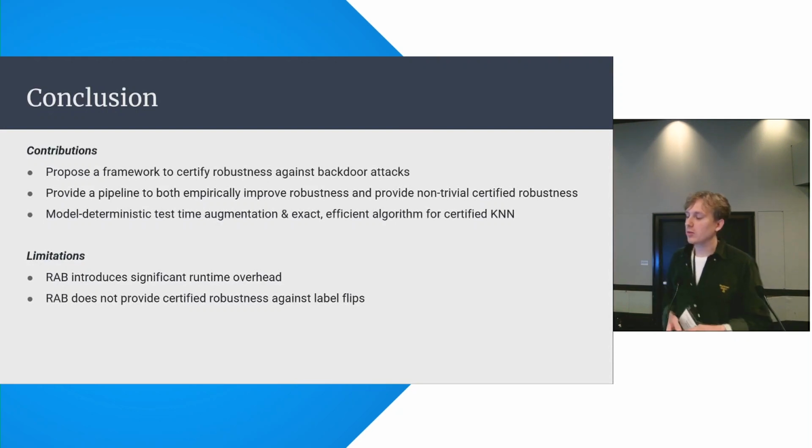The other limitation is that RAB only certifies robustness in terms of the magnitude of the backdoor pattern, but not against label flips. And this, I believe, is super exciting future work, because you can look into how you combine different techniques to certify robustness against label flips and robustness against the magnitude of the backdoors.